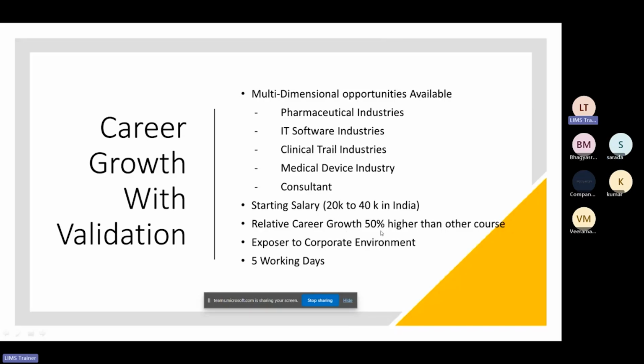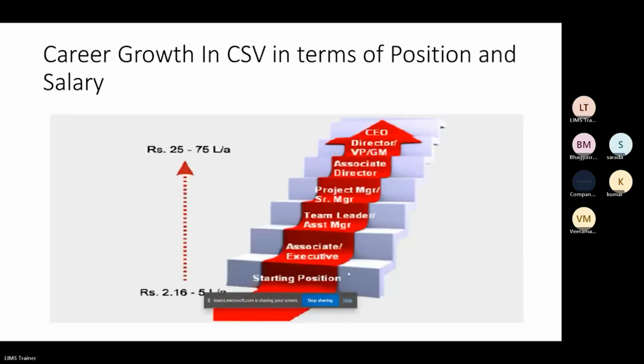Some persons get up to 50% hike in their salary. You get corporate environment exposure here, and if you enter into the IT software part, you will have a 5-day working week. Also, there is good career growth in CSV. If you relate all these, like LIMS, software implementation, development, and CSV, you will achieve more growth in your career.